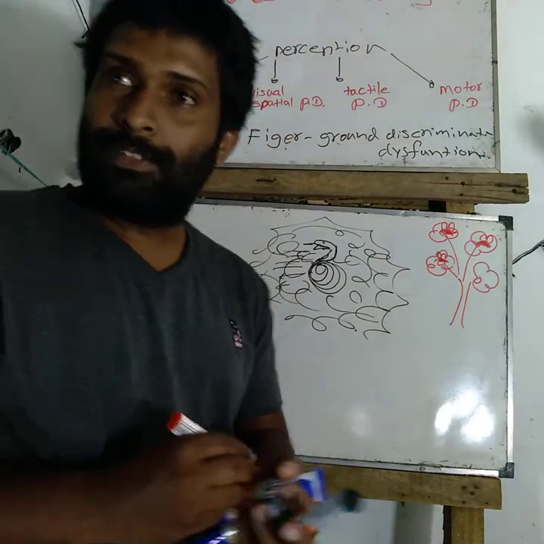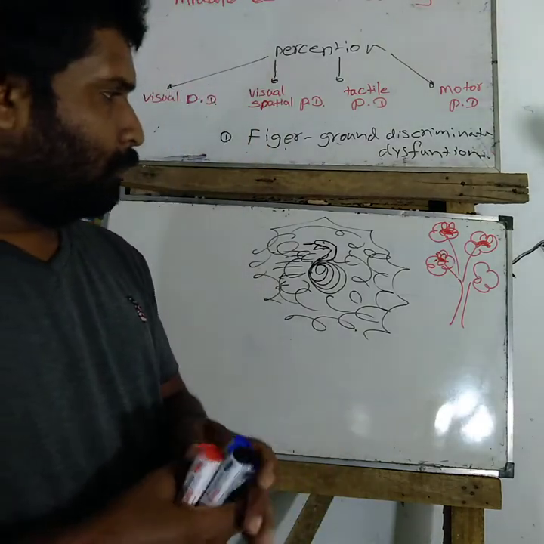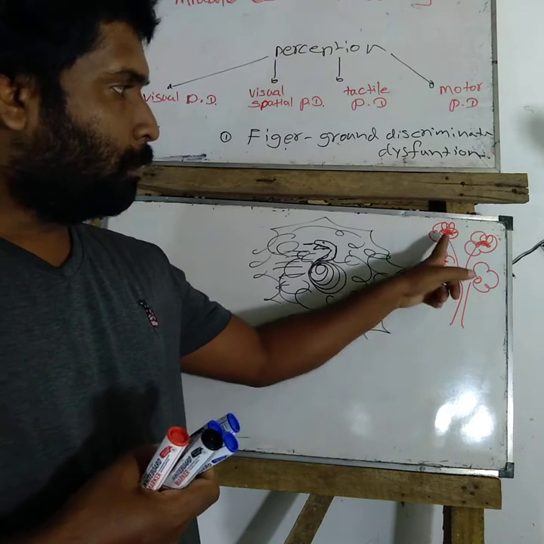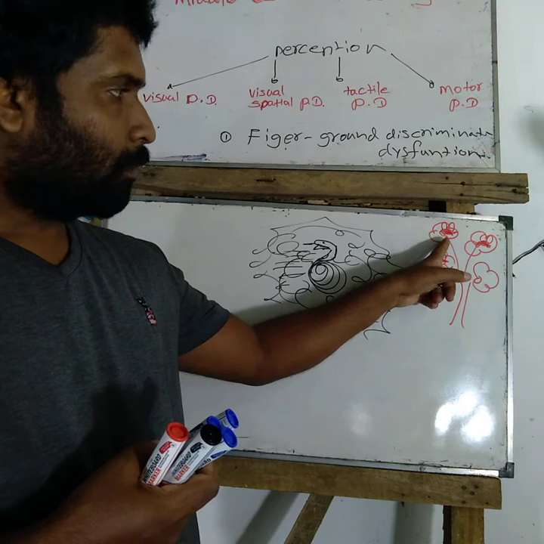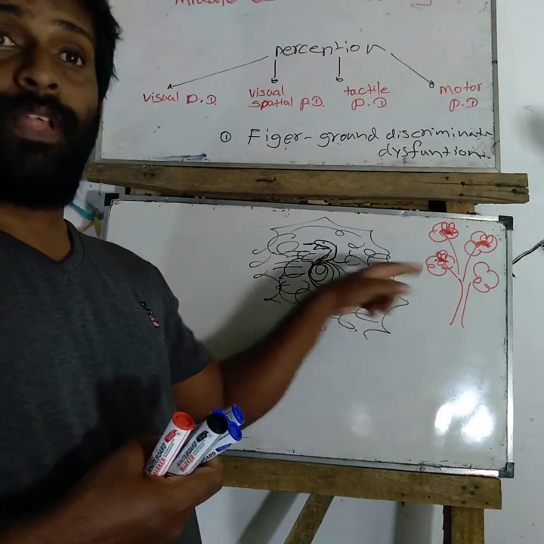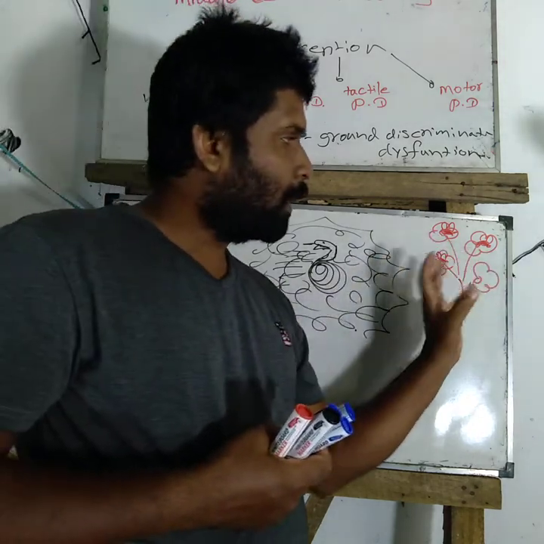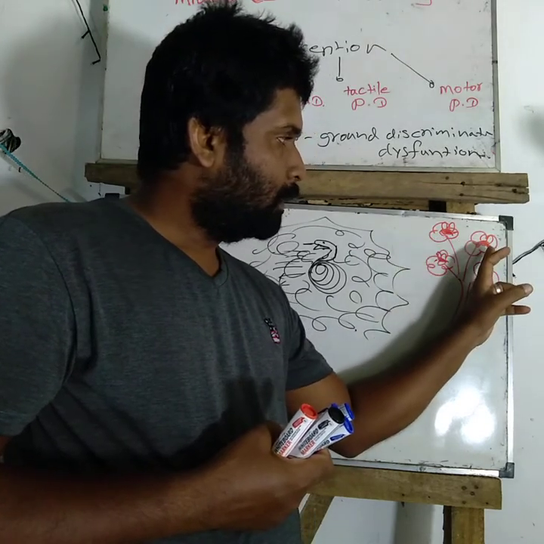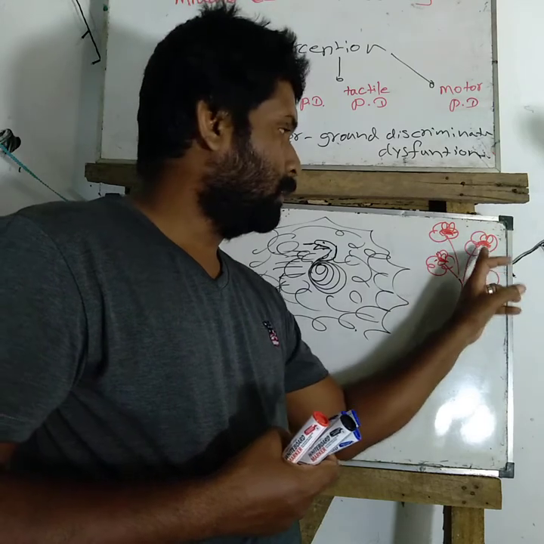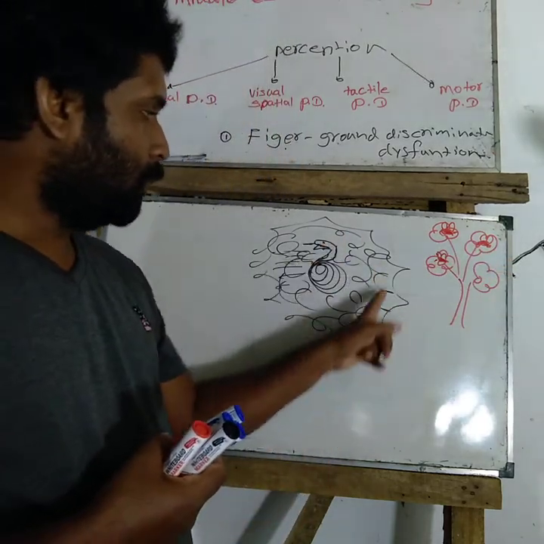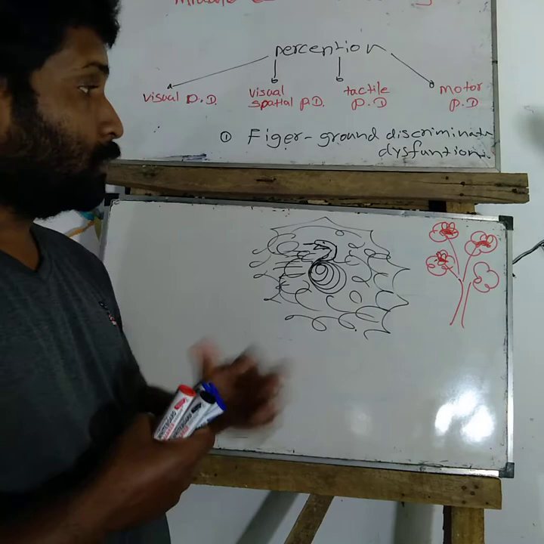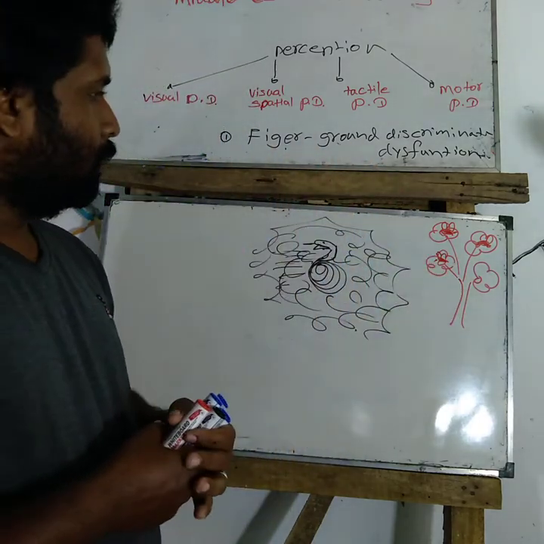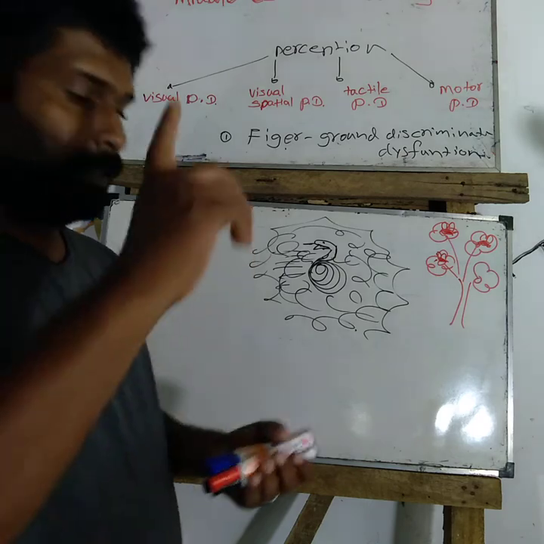The butterfly is also red color. We can't suddenly identify the red color flower. The butterfly is inside this flower. With figure ground, we can't understand clearly red color to red flower. This is black color to black color area. This is also the figure ground discrimination problem. Right? Okay, another example.